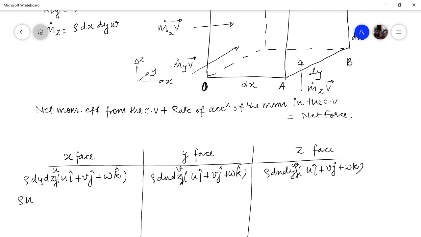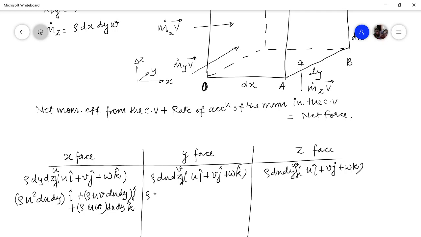So it is rho u square dx dy in the i direction, plus rho uv dx dy in the j direction, and rho uw dx dy in the k direction.